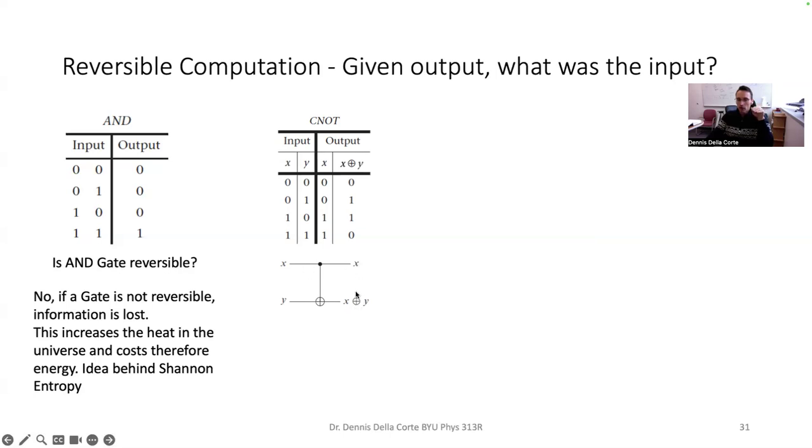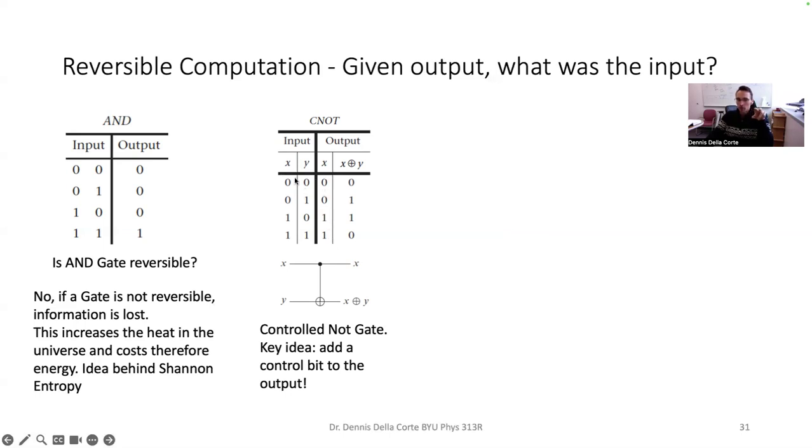The X comes out though, and whatever comes out of this calculation comes out. The key idea here is that instead of just having a single output, we are also outputting the input X again. And by doing that, we are now creating a one-to-one relationship between input and output combinations that allows us to reverse back from the output to what the inputs were.